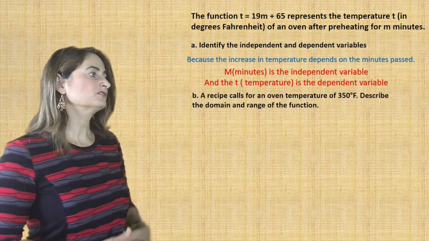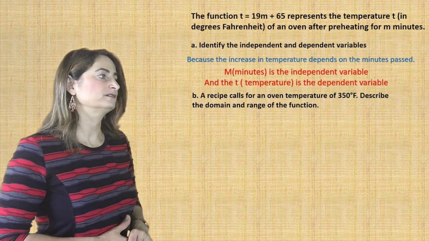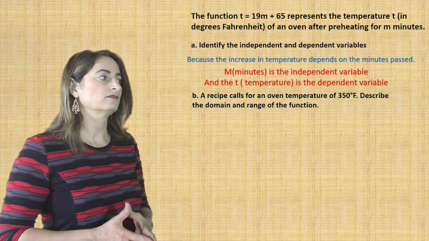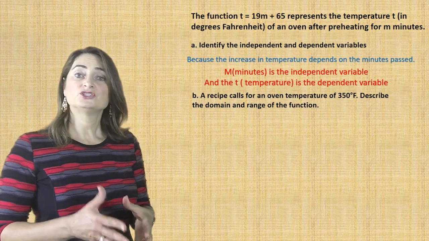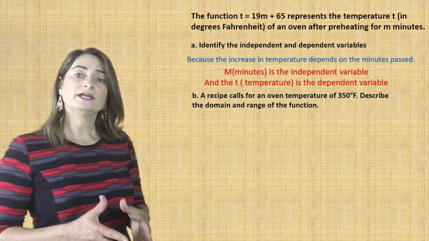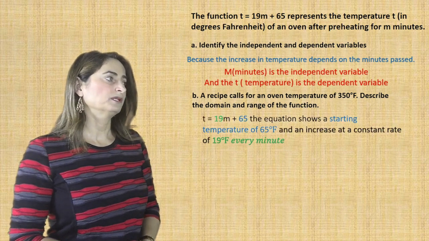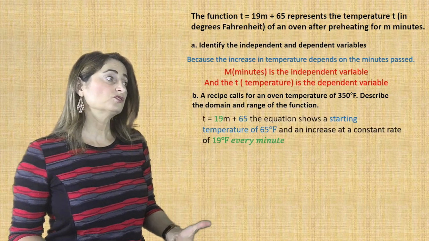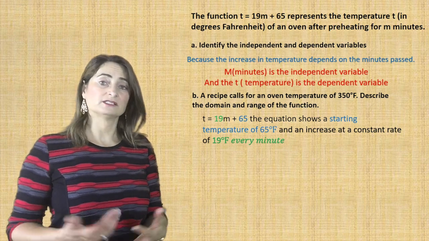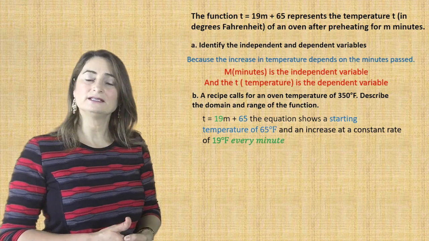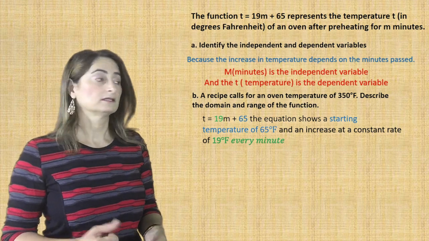Now, a recipe calls for an oven temperature of 350 degrees Fahrenheit. Describe the domain and range of the function. Again, domain is the x and the range is the y. Now I need you to write the equation T equals 19m plus 65. The equation shows the starting temperature of 65 of the oven, but then it increases at a rate of 19 degrees per minute.